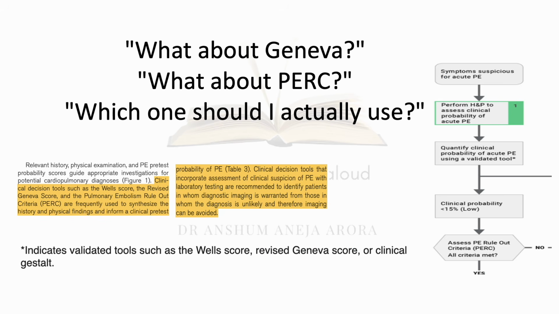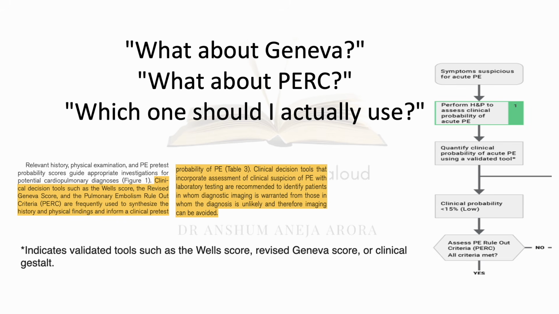Let's ask ourselves about the Geneva score, about the PERC, which have been mentioned in the guideline paper. Which one should I actually use? Now, based on the guideline, no single score has been recommended as universally superior. It recognizes multiple validated clinical prediction rules and recommends that you use any validated tool for your pretest probability.